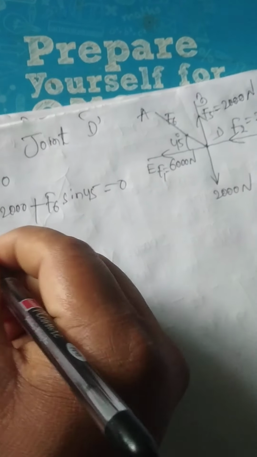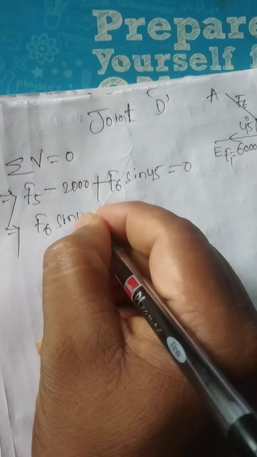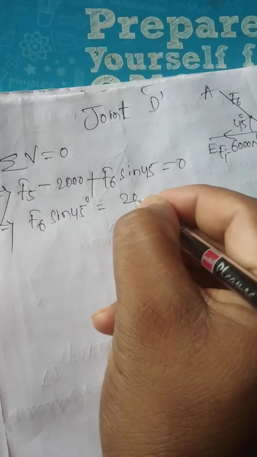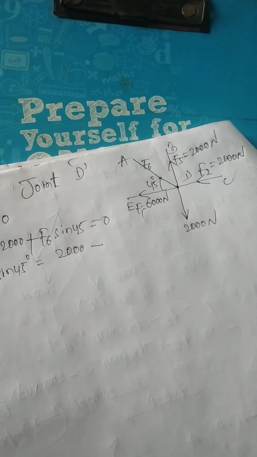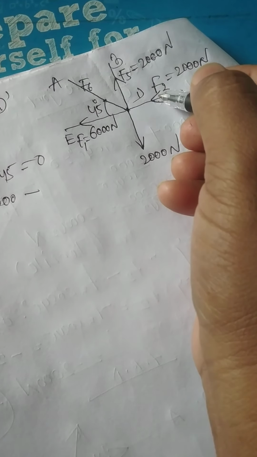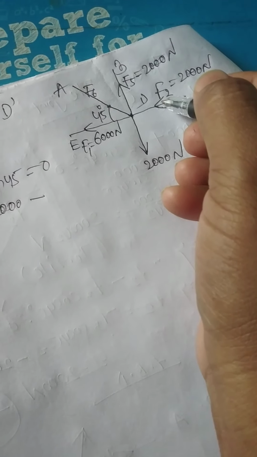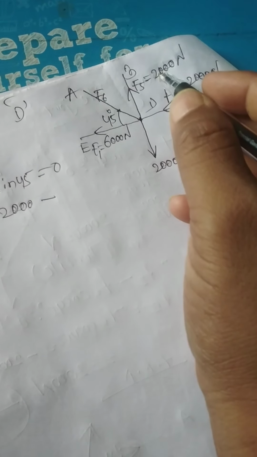Okay, so I put here F6 sin 45 degree is equal to 2000, then minus F5. See, F5 is moving upward, but it is the compressive force.